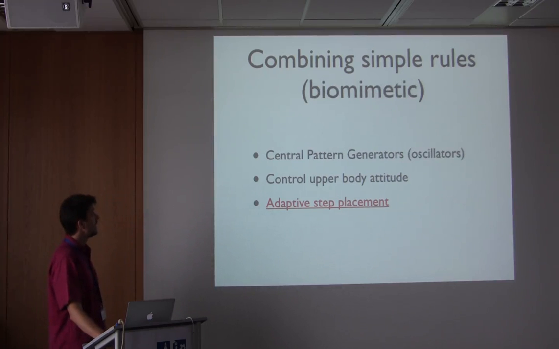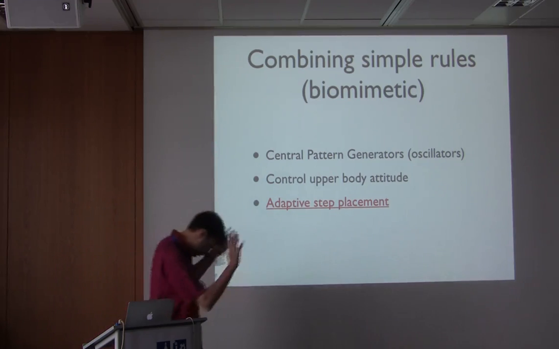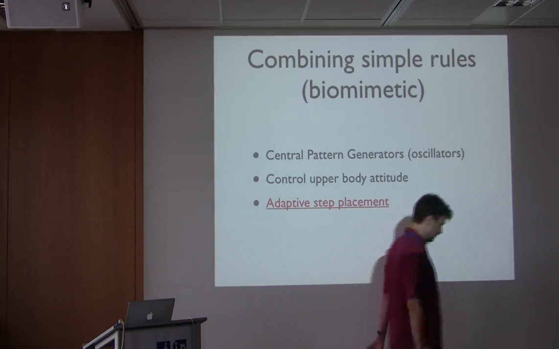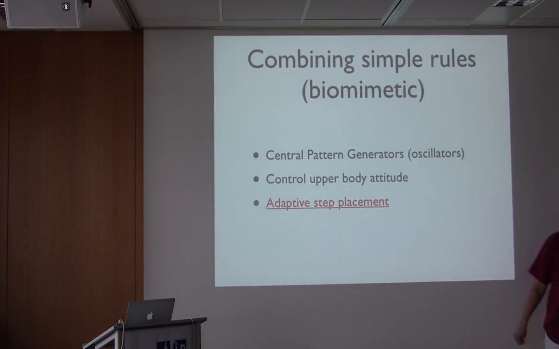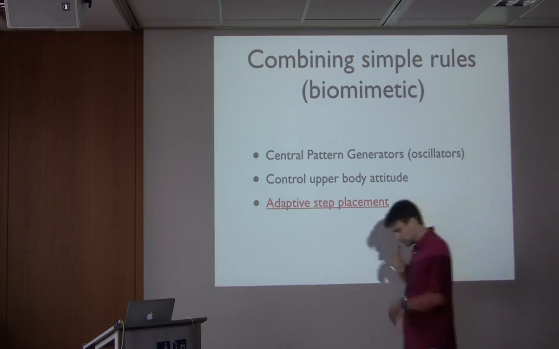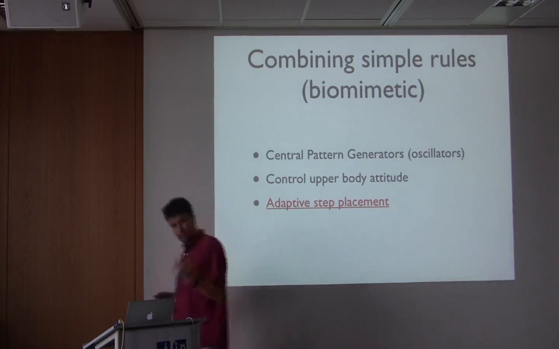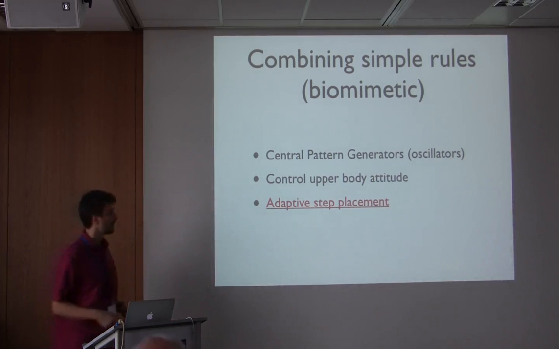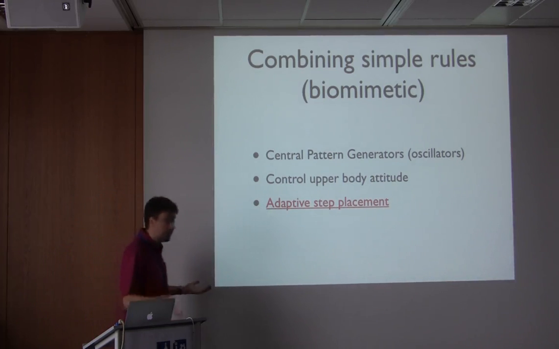Similar thing here. What if you want to go biomimetic? Then people say, well, I want to see how biological systems work. So I will use central pattern generators, CPGs, which are oscillators. So you just generate an oscillatory motion, and then you want to stabilize it. And what do people do?